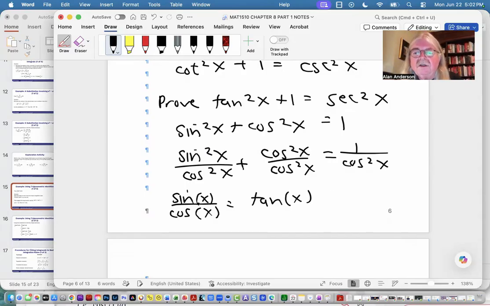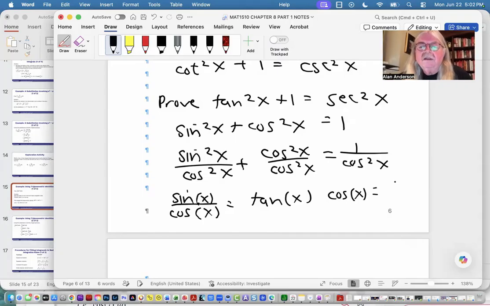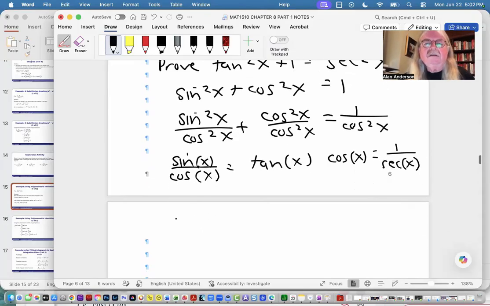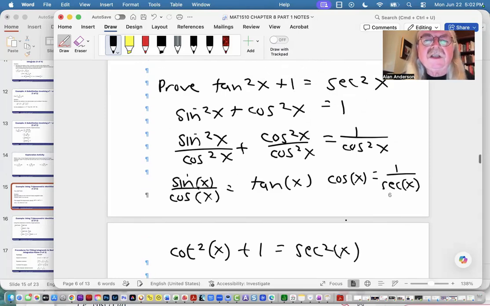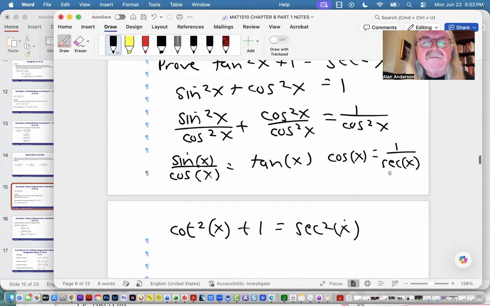The middle term is just one, and also if you remember, the cosine is one over the secant. So therefore, you've got, and that's where the second one came from. Oh, what did I do? I wrote the wrong one. Sorry. Tangent squared of x plus one equals the secant squared of x.